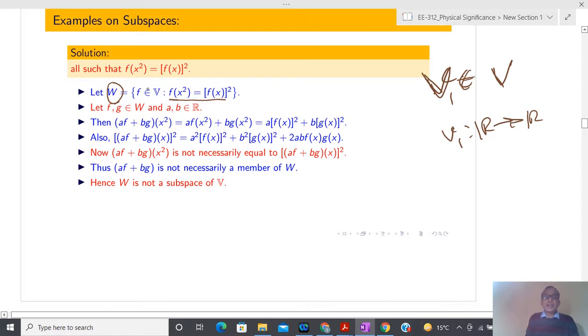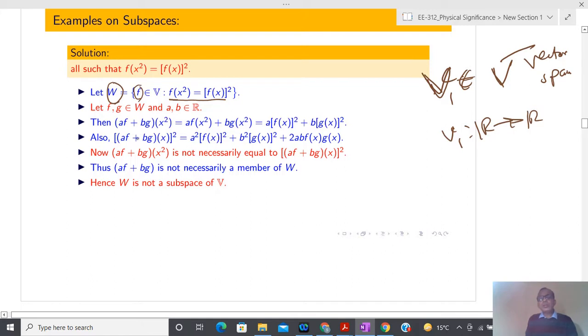It means that whatever f I select, I select from this vector space, and after equating with this expression, whatever quantity is generated is a subset of the whole space V. Now I have to check whether W is a subspace of V or not.